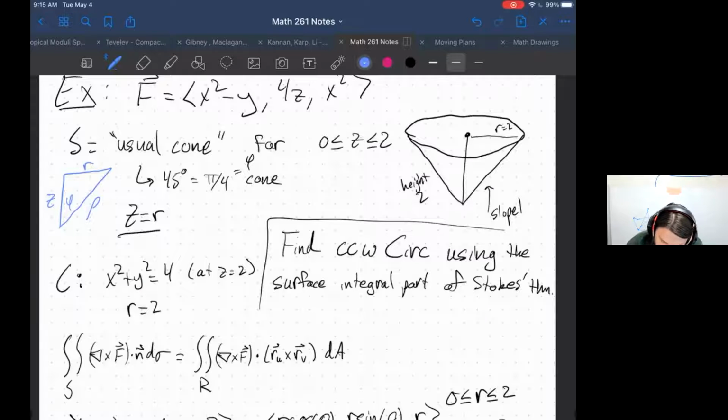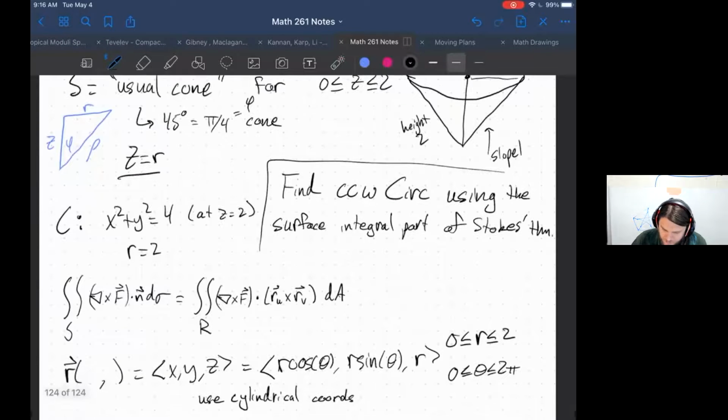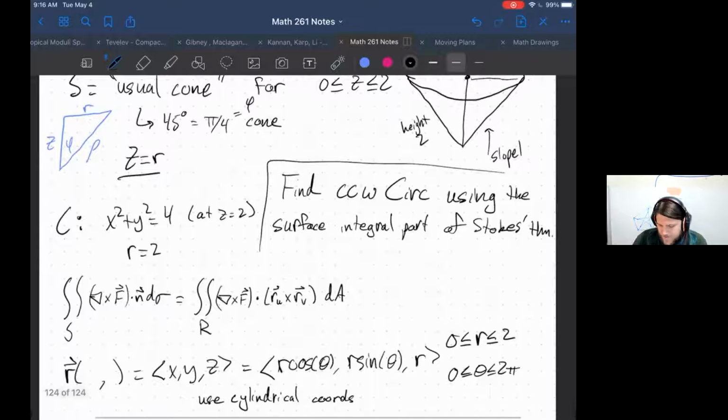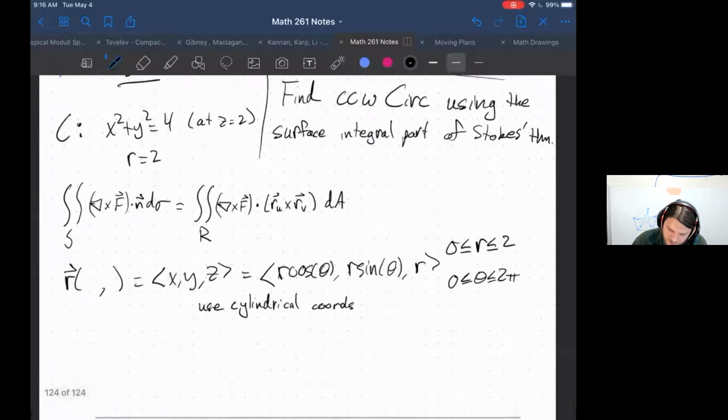Because if this angle is pi over 4, then you can deduce this. Pi over 4 is when sine of this is equal to cosine of this, and that's how you get z is equal to r. But let's just say that z equals r is part of the information that we're getting. So we've parameterized this, and we write this in the order r comma theta.